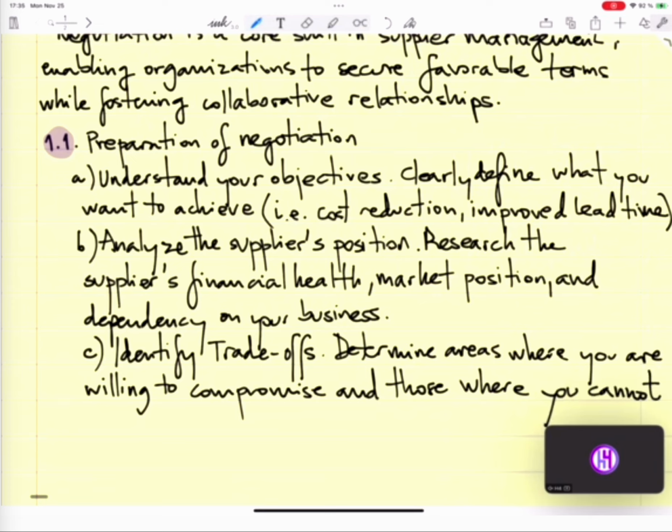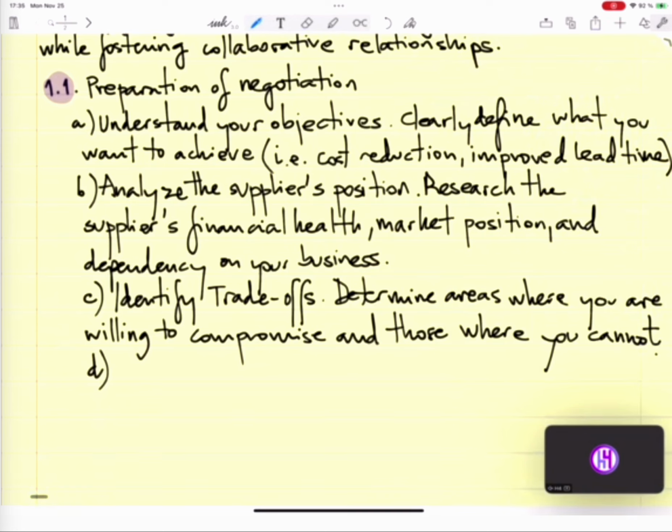For instance, quality is not a compromise thing. Price might be something you can compromise on, but quality is non-negotiable.